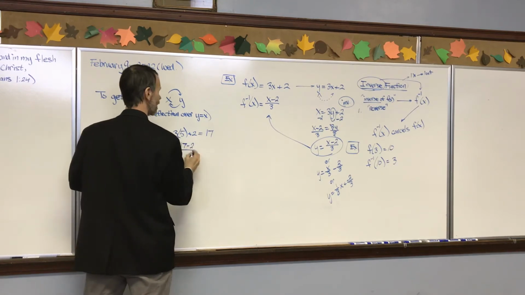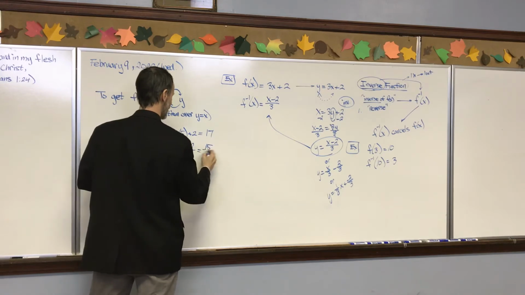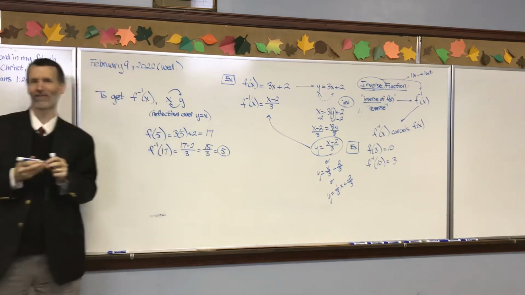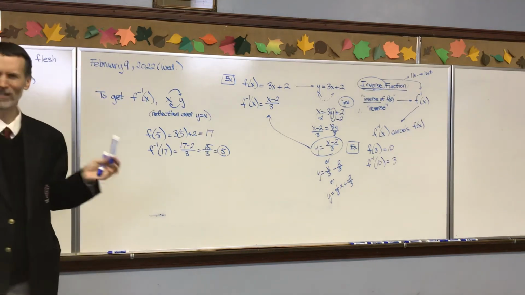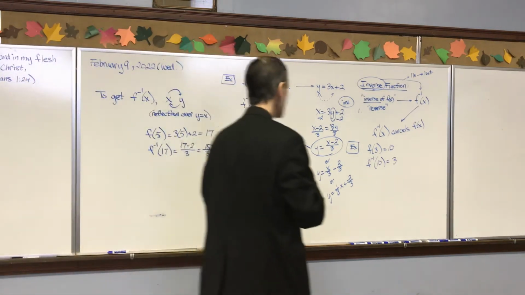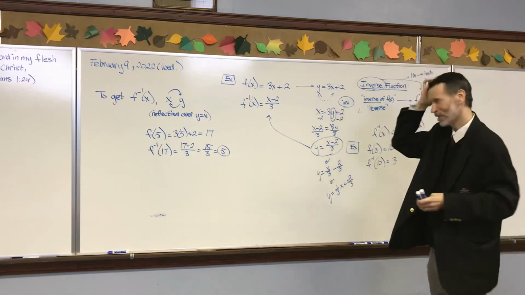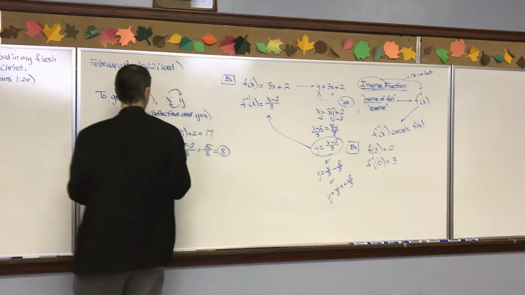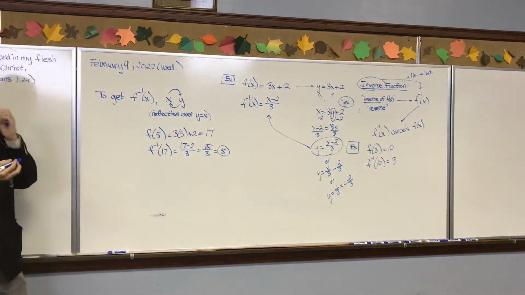Yep, 15 over 3, which is ding, ding, ding. It works. See how that works? Once you find the formula for the inverse function, you should be able to prove it. Because they should cancel each other out.